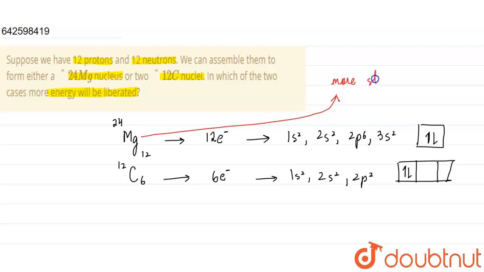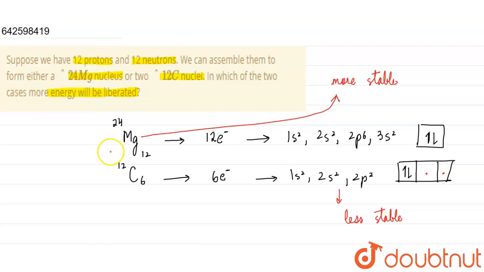It's more stable than carbon because it has completely filled orbitals, but here we have 2 empty orbitals, so carbon is less stable as compared to magnesium. Why are we doing this? We need to say in which of the two cases more energy will be liberated.